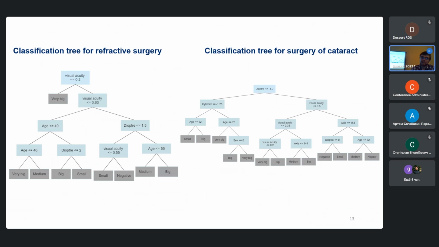And as you can see, for the individual types of surgery, 2 different trees were built, and different factors are important in the individual trees. So the type of operation has quite a large effect on the outcome of the operation.